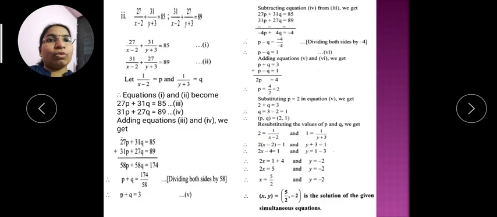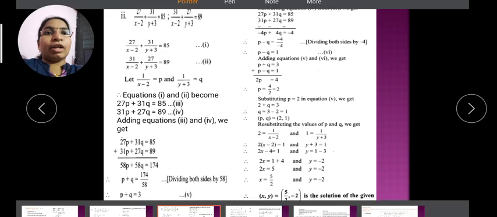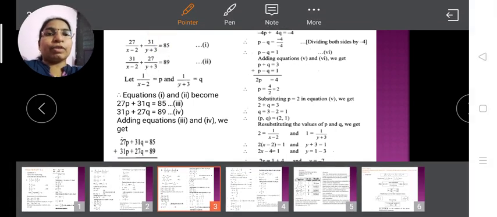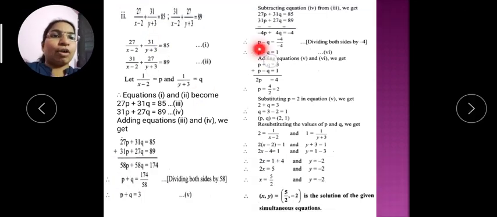Same way you have to solve question number 3 also. Here substitute 1 upon x minus 2 is equal to p and 1 upon y plus 3 is equal to q. After getting the value of p and q, substitute in the original variable and you will get the value of x and y. First make it a linear pair.